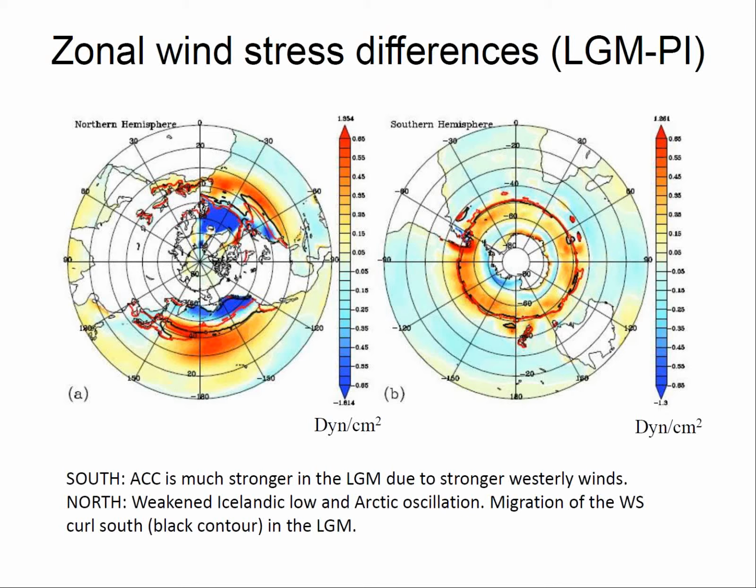There's a shift south of the zero wind stress curl, and a strengthening of the westerlies here, and also a strengthening of the westerlies in the Southern Hemisphere, without much change in the location of the wind stress curl. So this may explain, for example, a stronger ACC and the shift south of the Gulf Stream.